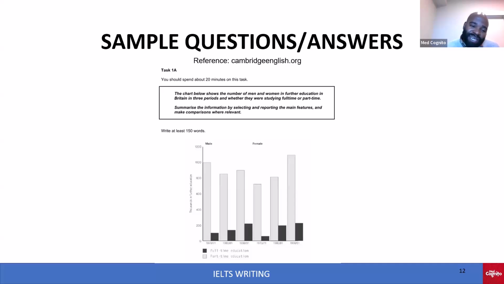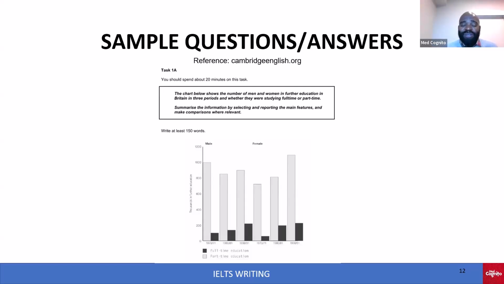On the vertical axis, thousands in further education. And on the horizontal axis, we have years, 1771, 1881, 1991. And then we have that for male and female. And we also have full-time education given in dark bars, and then part-time education given in light bars. And so the question is, how do you approach this?